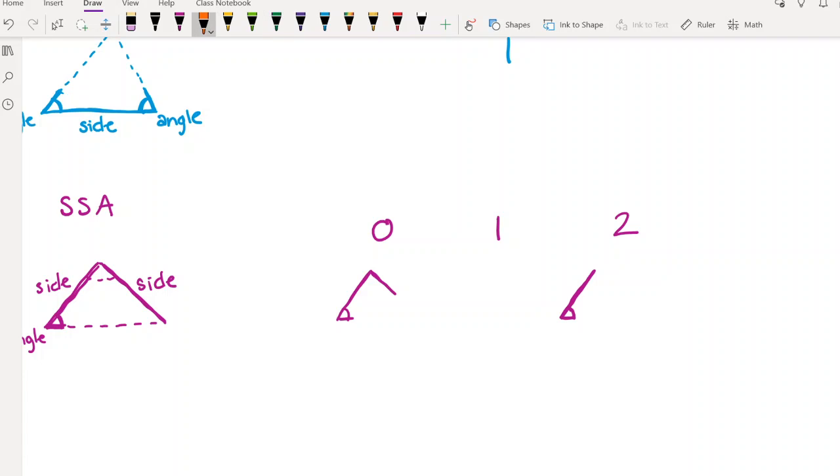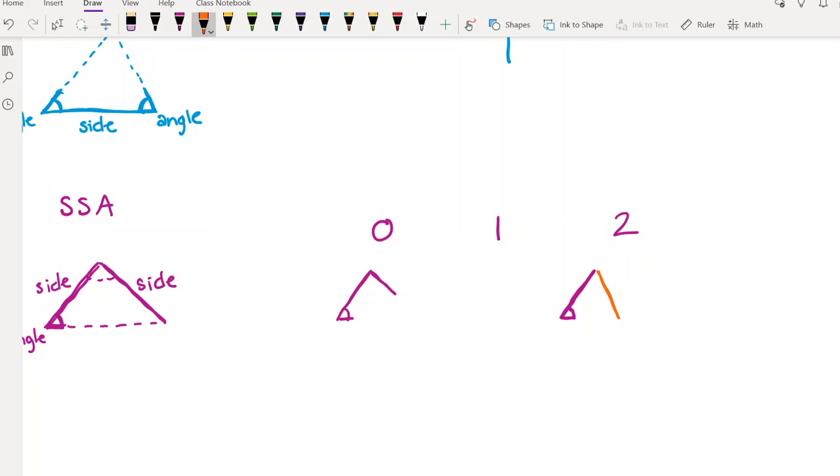Or actually, I'm going to use two different colors. So let's say that the other side length looks like this. In this scenario, and I know this is very abstract right now because I'm not giving you numbers, we'll do concrete examples in a second, so don't worry about that. I just want to give you an idea of the big picture of what's going on here.